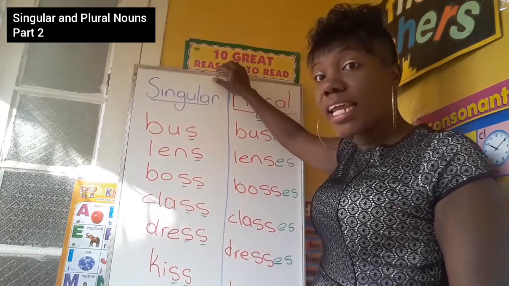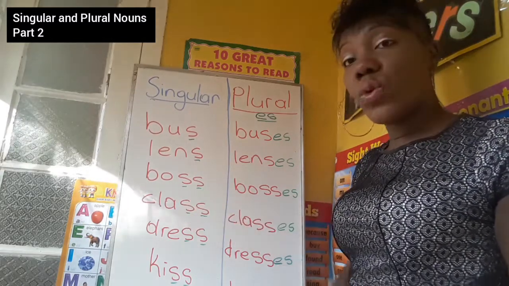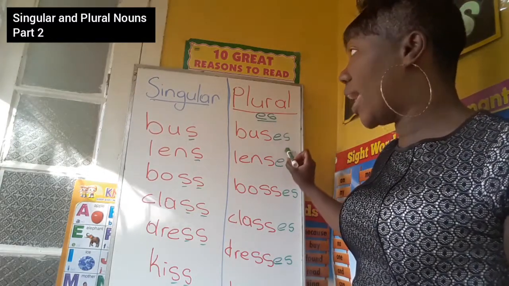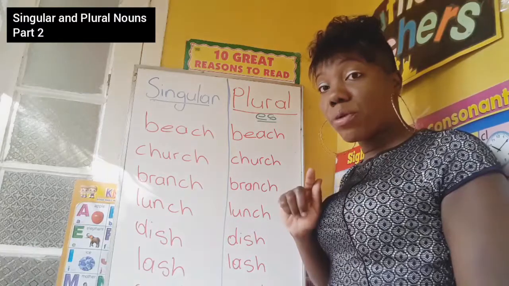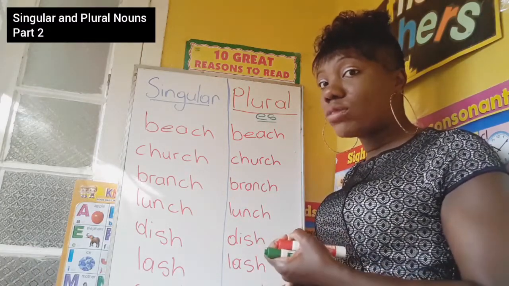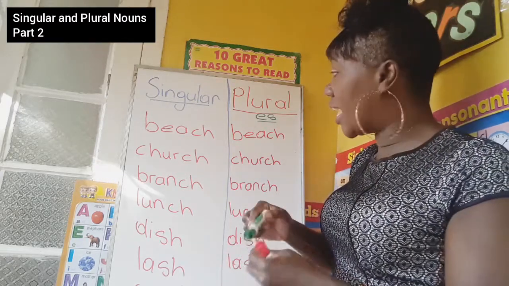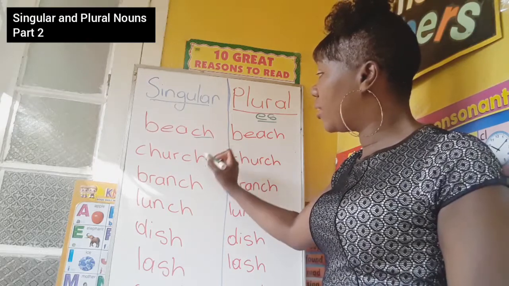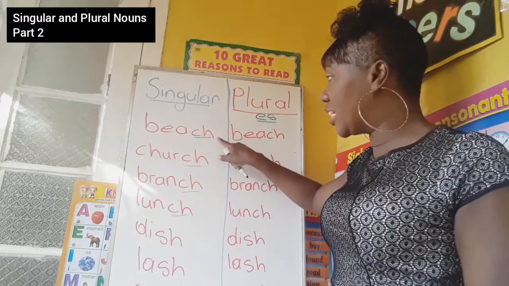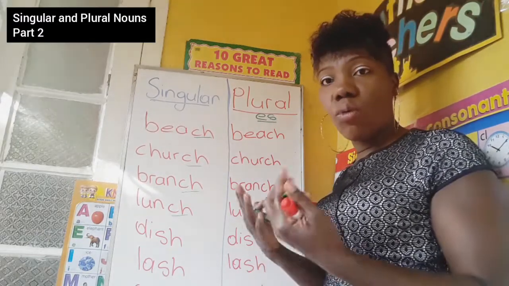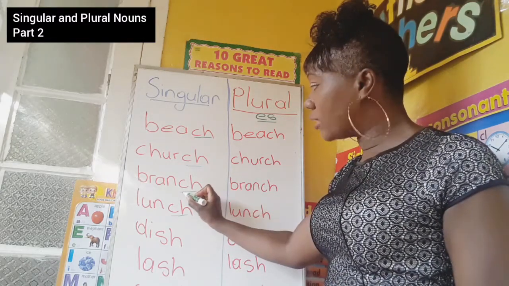So singular nouns that end with S or SS, we add ES to the end to make them plural, to make them more than one. And remember, singular nouns that end with certain letters get ES. Now these nouns end with C and H. C and H make one sound, ch.